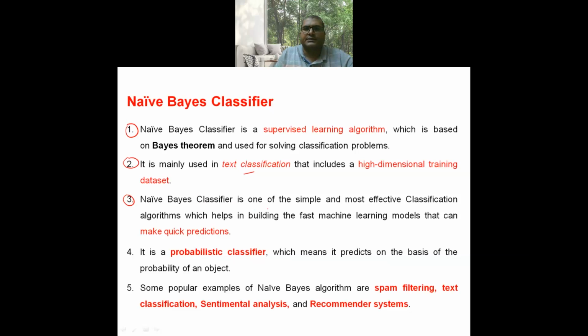Naive-Bayes classifier is one of the simplest and most effective classification algorithms which helps in building fast machine learning models that can make quick predictions. It is a probabilistic classifier, which means it predicts on the basis of the probability of an object. Some popular examples of naive-Bayes algorithm are spam filtering, text classification, sentimental analysis, and recommendation systems.